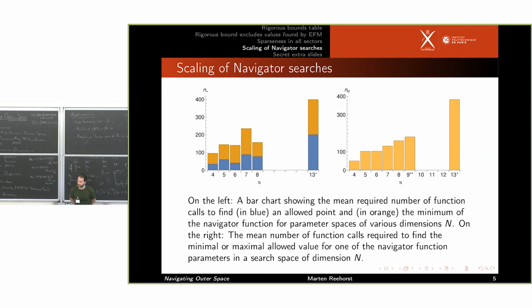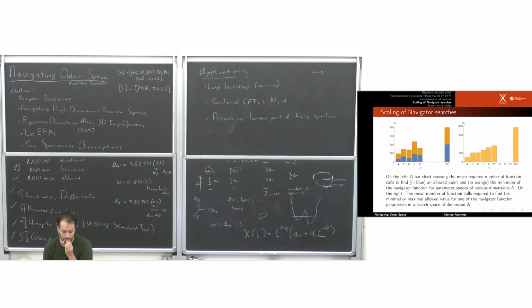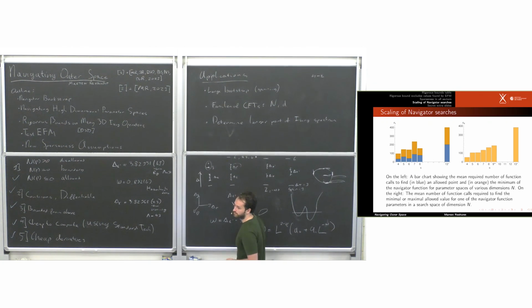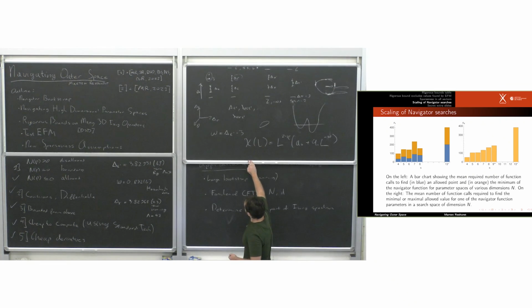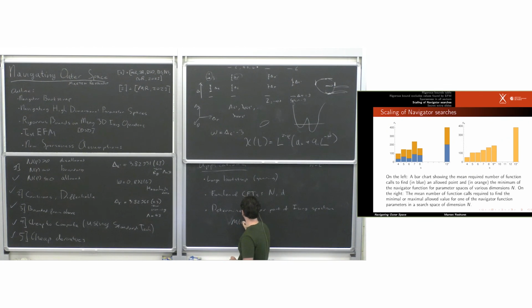In your construction of the Navigator function, the generalized free field contributions play a critical role. Is that just a useful trick, or was it essential? So it's a useful trick, because there's another construction which I think is a bit less intuitive, but you can also show it works, where instead you take this sum, I erased it, you take M_UV to be minus some sum over just a lot of operators, and here it doesn't matter.